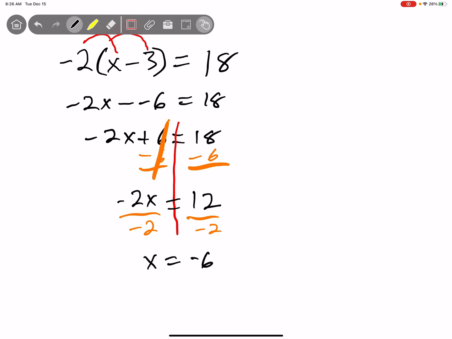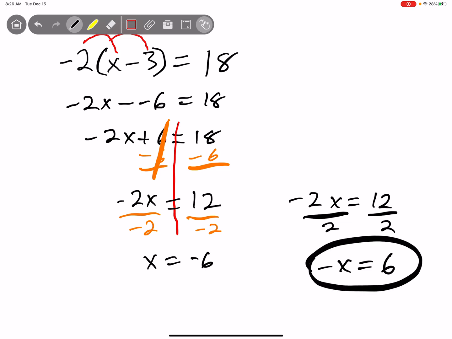Now, remember, we're solving for x. We are not solving for negative x. So if you got here and you divided by 2 instead of negative 2, then you would have gotten negative x, or the opposite of x, equals 6. Okay? This is not a valid answer.